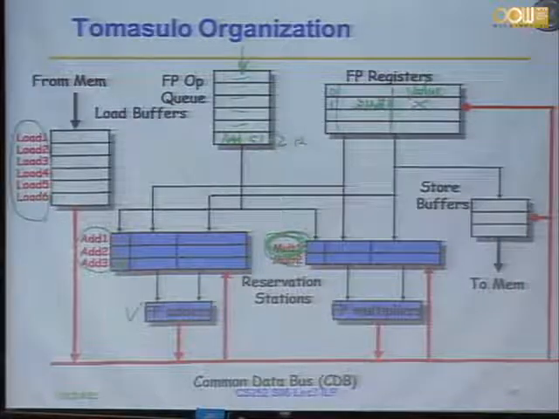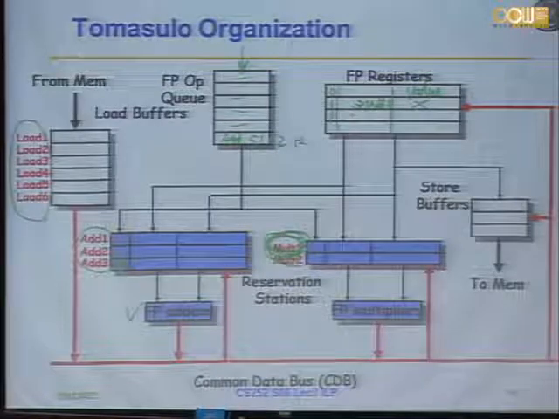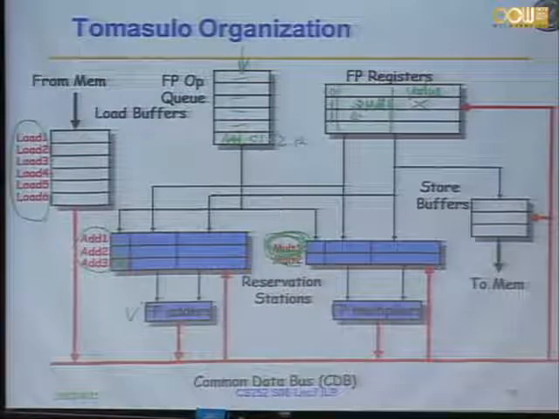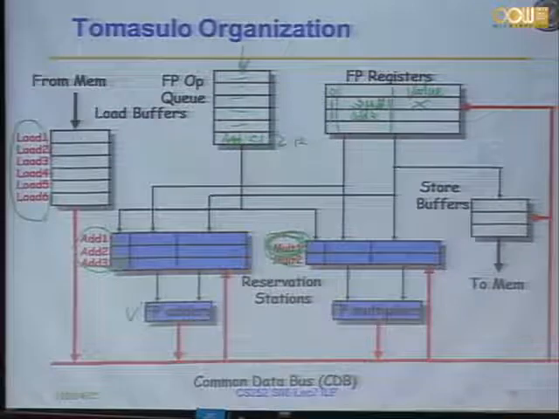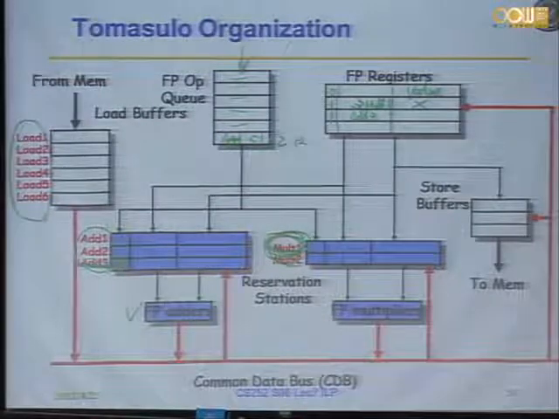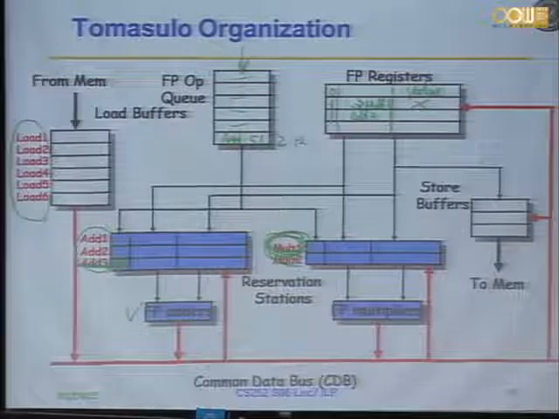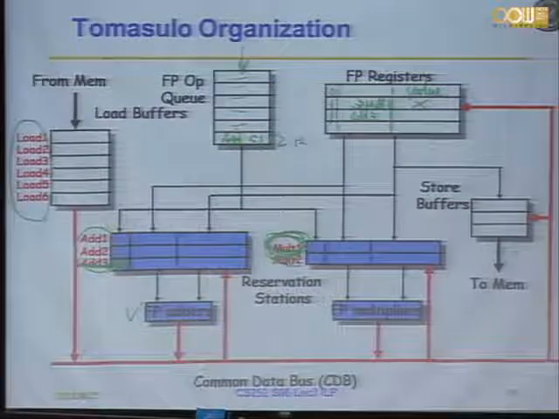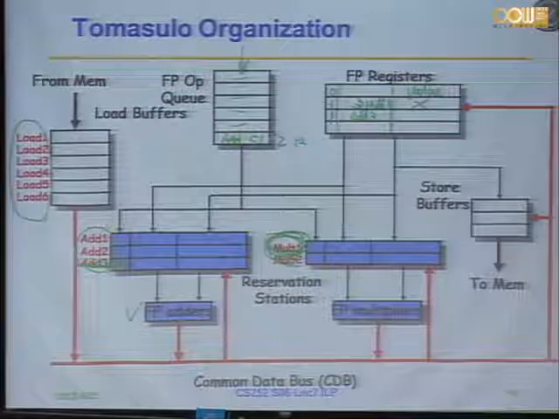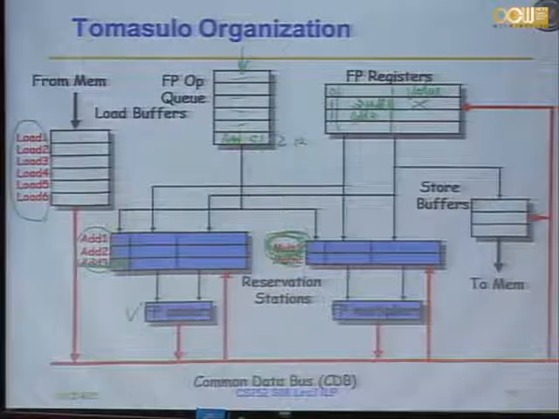Then you invalidate R2's value. And here you say, my new value should be provided by add3. I'm going to put this instruction in add3. So add3 will be the most recent producer of this register value. So any upcoming instruction will know R2 will be provided by add3.